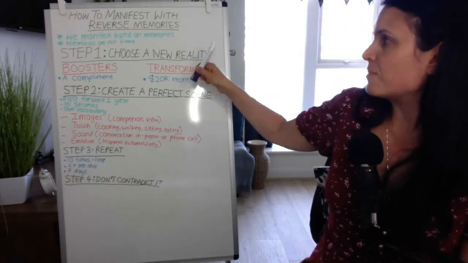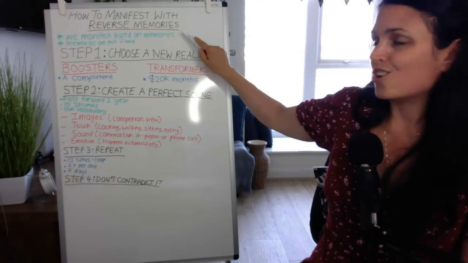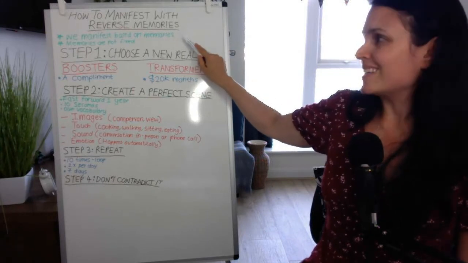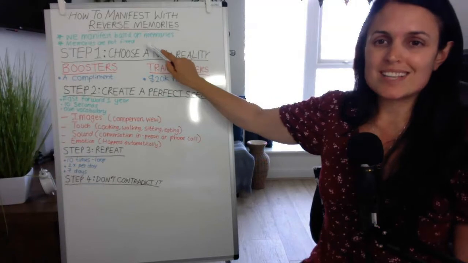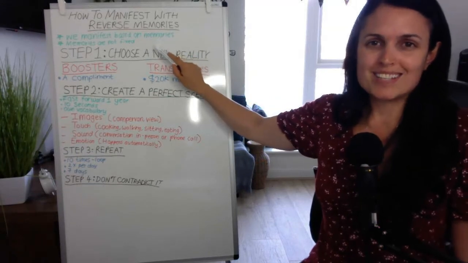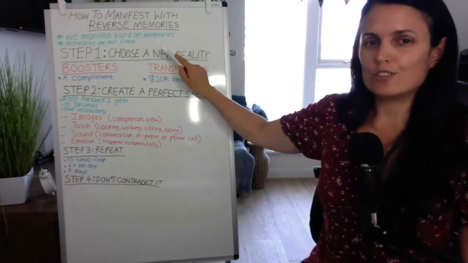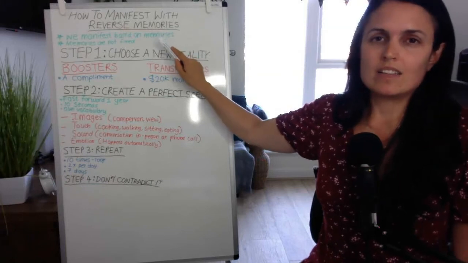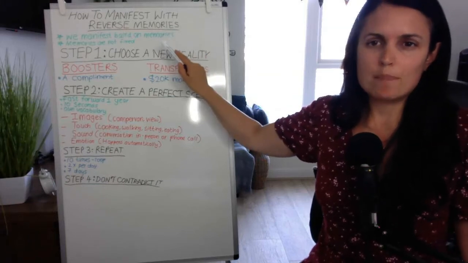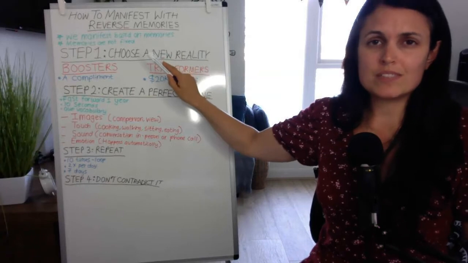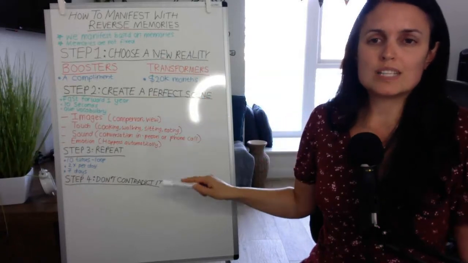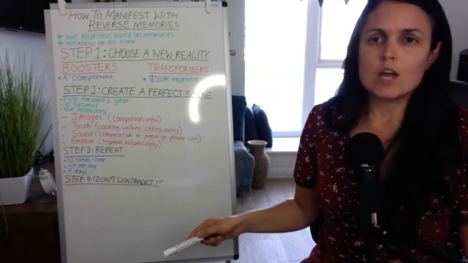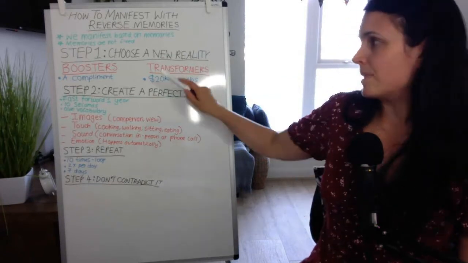So we do know that we actually manifest based on our memories, but did you know that memories are not actually fixed? Memories can be very unreliable. We tend to think that memories are definitely what happened and therefore that shaped our belief system, because I was told this, because an authority told me this, because I witnessed somebody else behaving like this.